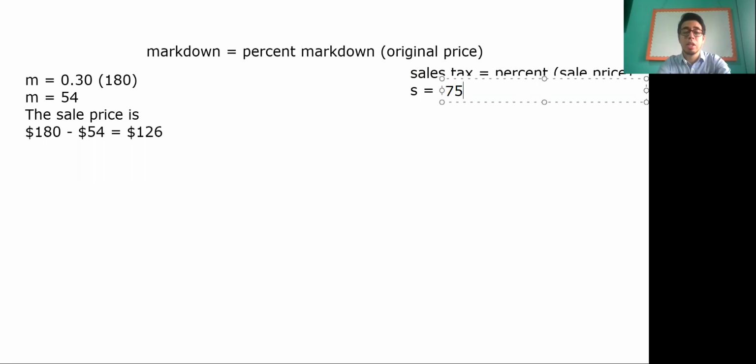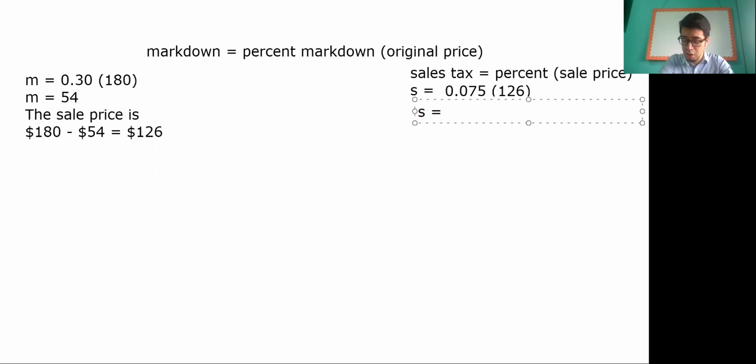The percent is 7.5%, right? But you divide by 100 to obtain a decimal number, so you multiply 0.075 by the sale price. The sale price is $126. This is what we have. So at the end, the sales tax, which is the result of this multiplication, is $9.45.